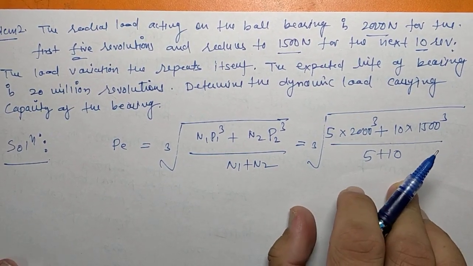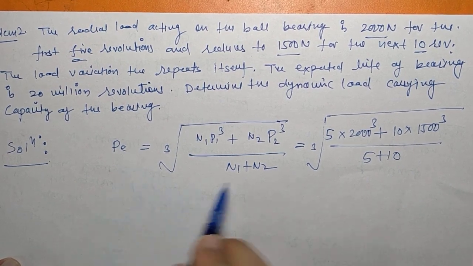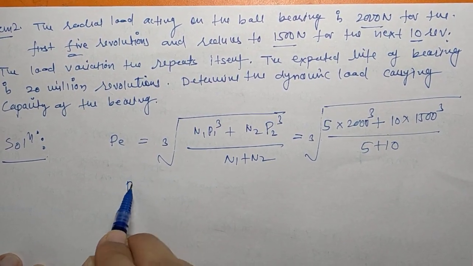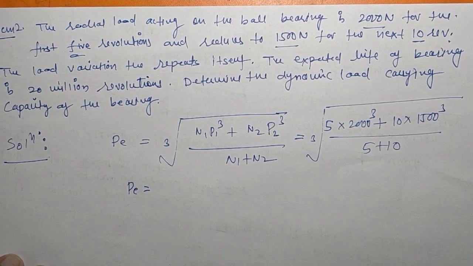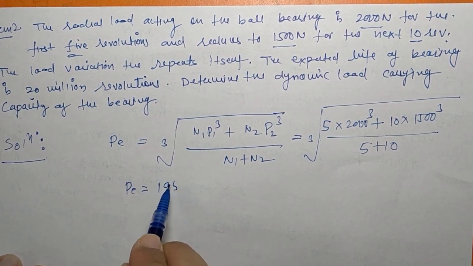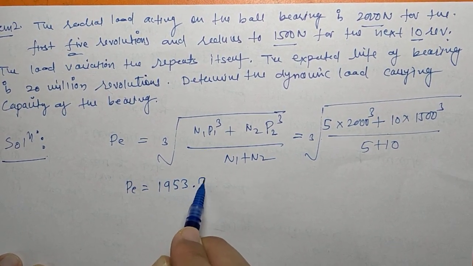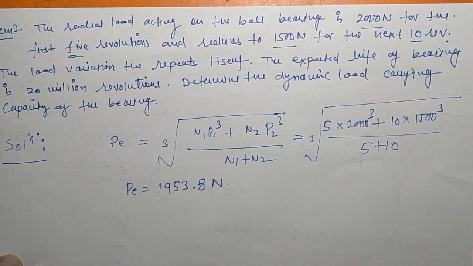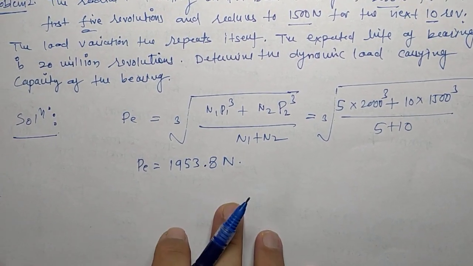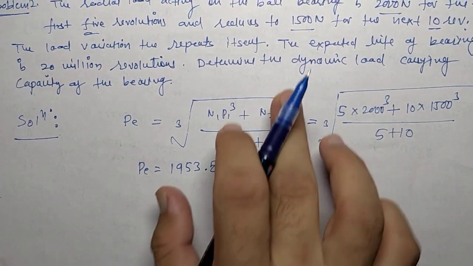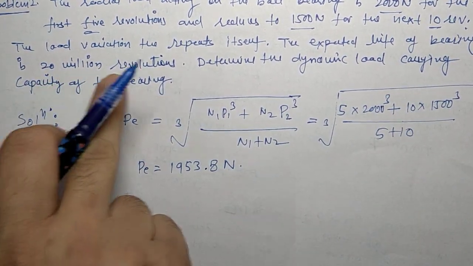If we solve this, we get the P equivalent equal to 1953.8 Newton.